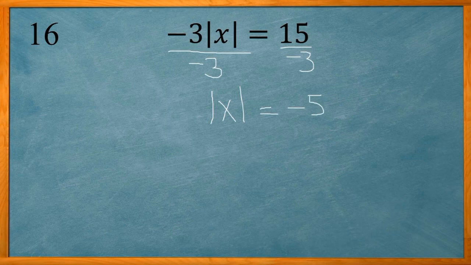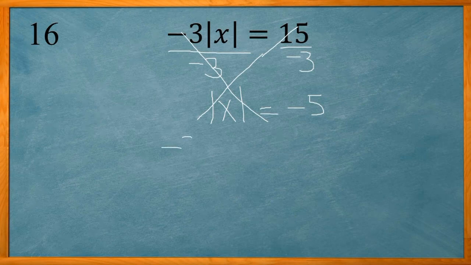Remember what we said, we basically take the positive of what's inside the absolute value as the answer. So is there a way where I can take the absolute value of x and give you -5? No. So this is basically no solution, because there's no value of x where the absolute value of it will give you -5.